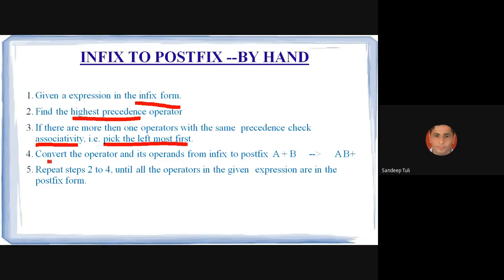Now convert the operator and its operands from infix to postfix form. Suppose a plus b is there, then we can write it as ab plus. So for this infix, we have ab plus as the postfix.